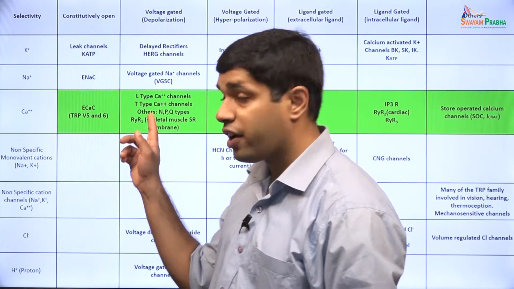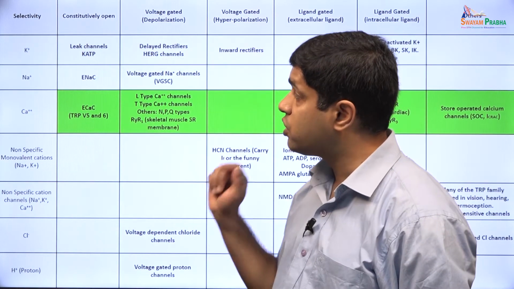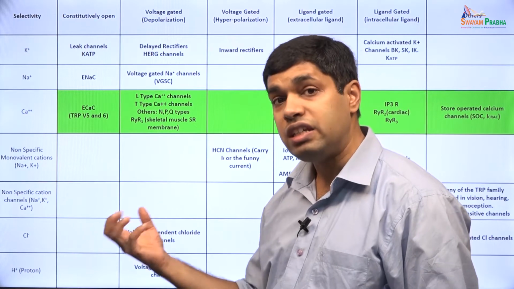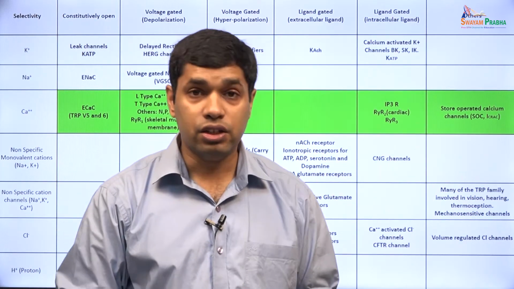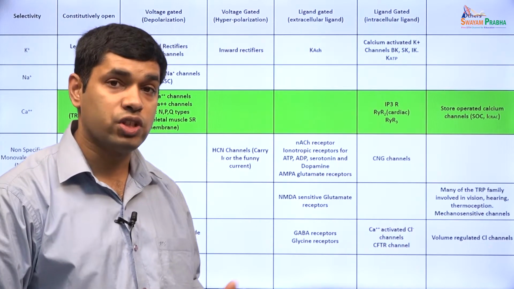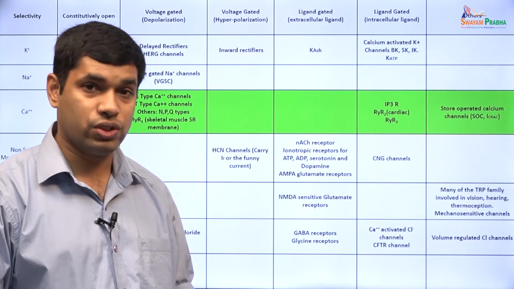We also talked about the ryanodine receptor in the skeletal muscle, which is a voltage induced calcium release. We talked about the epithelial calcium channel, which is vitamin D sensitive and helps in reabsorbing calcium in the distal renal tubule of the kidney. And we also talked about the store operated calcium channel, which opens with a depletion of calcium stores.